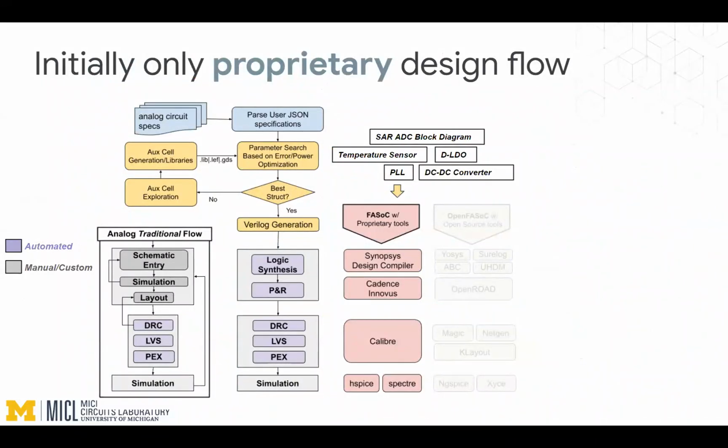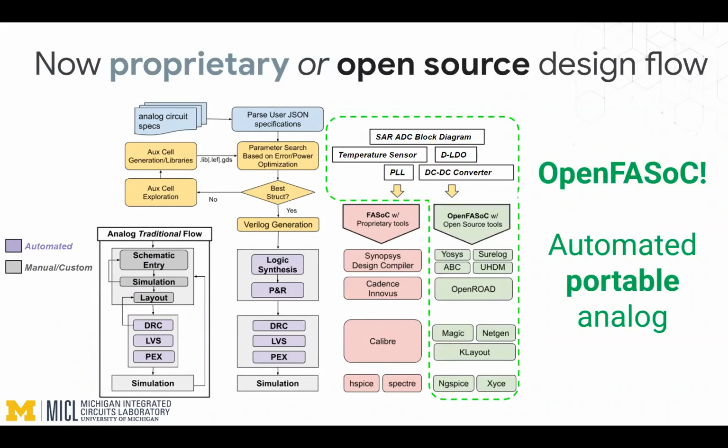FASOC, which is the original flow, relies on a set of proprietary tools, the traditional ones: Synopsys, Cadence, Calibre, HSpice, and Spectre. But now, as the open source movement started, there's a bunch of tools that we can use.